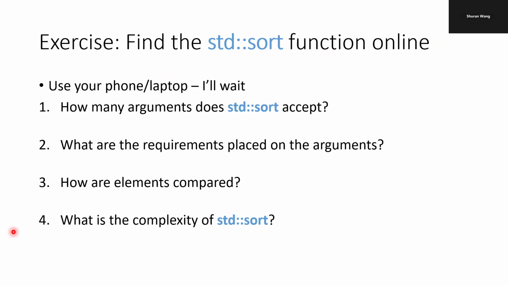I'll wait for it. First question, how many arguments does std::sort accept? Yep, 3. And what are those 3? Beginning of the range, end of the range, and then the predicate function.